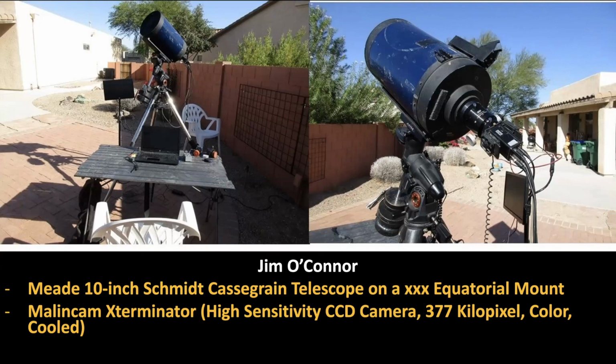As you can see from the left-hand picture, I just run it with a laptop, but right at the telescope is a monitor, a 12-volt monitor. And that's what I take on the road. If I go out onto school sites, I don't have to take the laptop with me. I'm only taking that so I can show these videos out onto the internet. So it does a pretty good job.